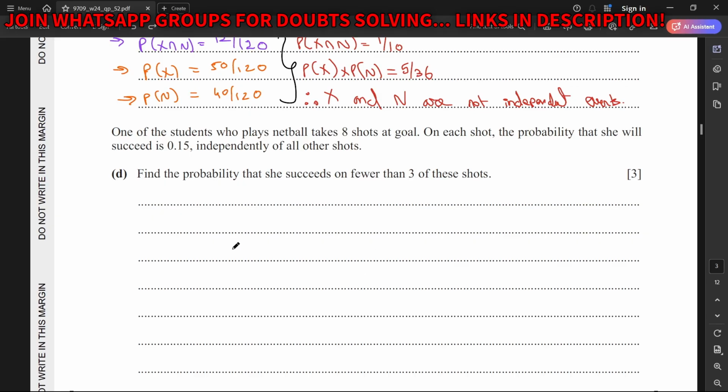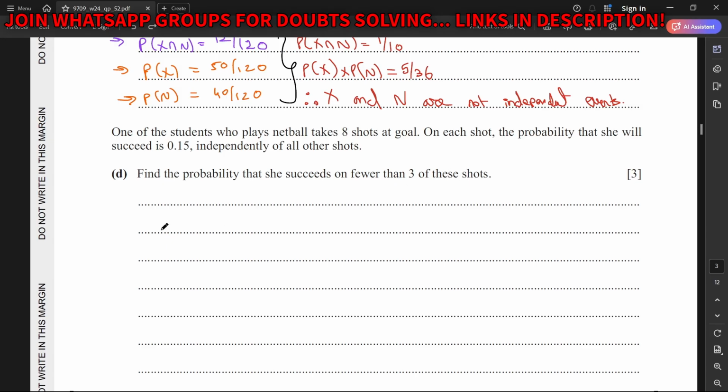So if you notice, this question can be converted into a binomial distribution because there are a fixed number of trials, there are only two possibilities, either success or failure, and the probability of success always remains constant. And we can also count this kind of discrete random variable, that is the number of shots taken at the goal. We can count it like 1 2 3 4 5 6 7 8.